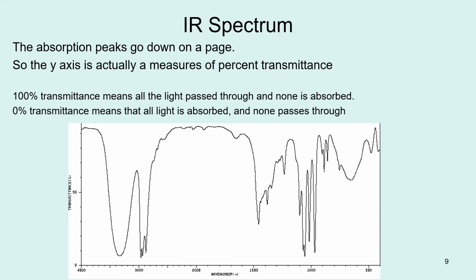So at these wavelengths or wave numbers, there's 100% transmittance, which means there's no absorption. As you come down a peak, you have high absorption, very low transmittance. 0% transmittance would be nearly 100% absorbed. And so that's how you read it.